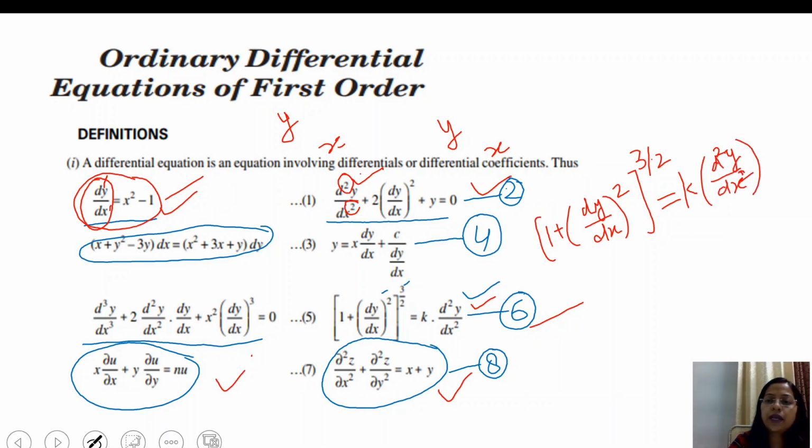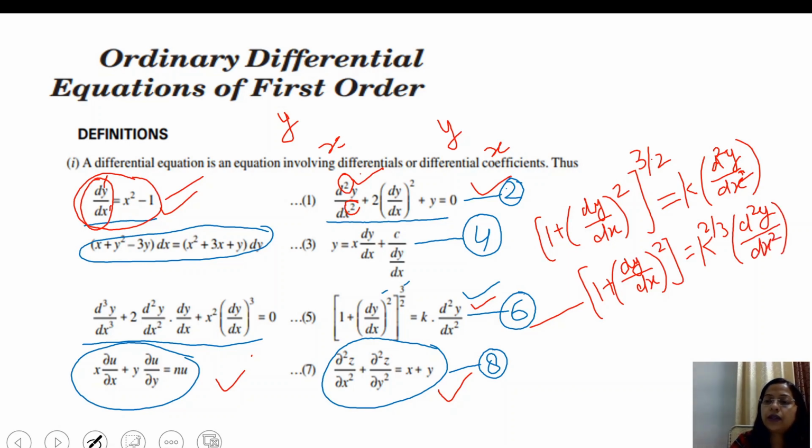So I'll take the whole power as 2 by 3. So this becomes 1 plus dy by dx whole square is equal to k raised to the power 2 by 3, and d2y by dx2 is having the power 2 by 3.